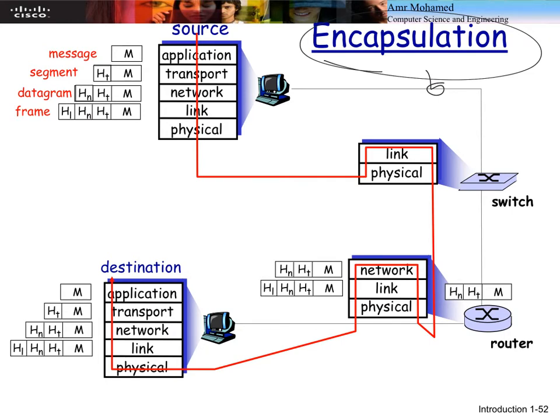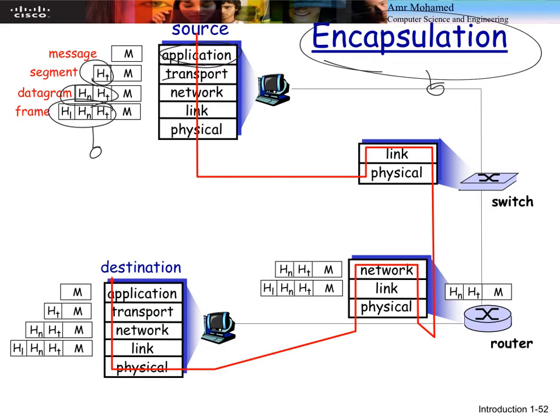Encapsulation talks about the fact that from the moment you create the letter, you have to put it in one envelope, and then you go into each layer and you have to put it in certain envelopes that add some information to how you can process this packet from one endpoint to another.